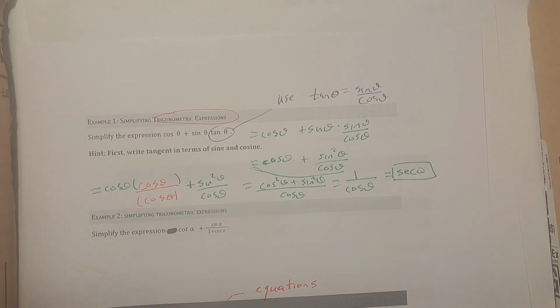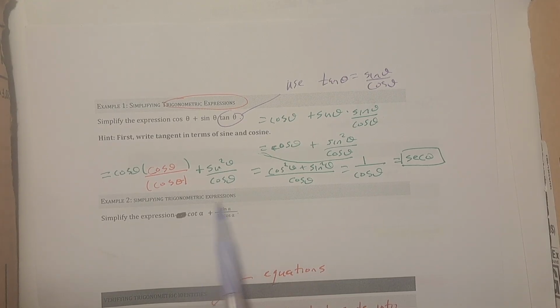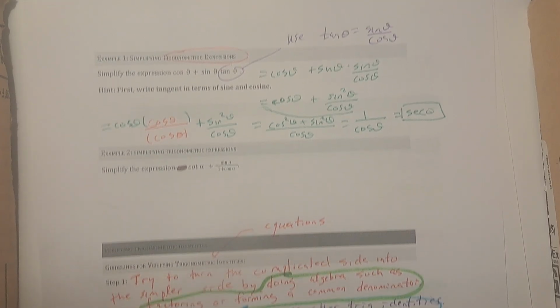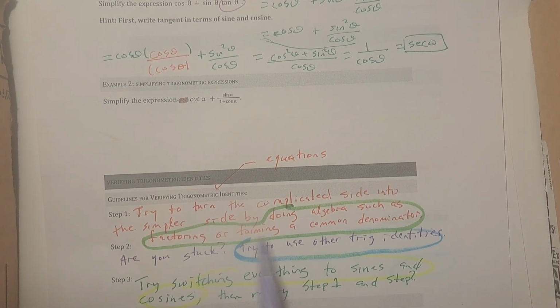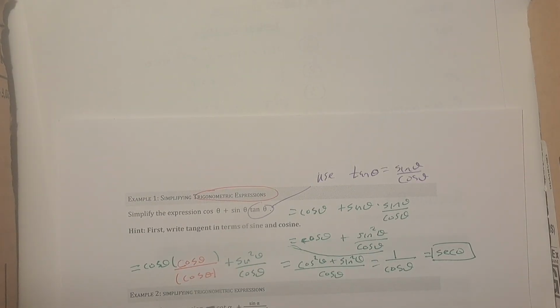All right, let's move on to the next one. You usually start out by taking out a common factor. There isn't a common factor, and if you can't take out a common factor, then you try to form a common denominator. Right now, there's a denominator, but there's no common denominator, so that would be the strategy we try.